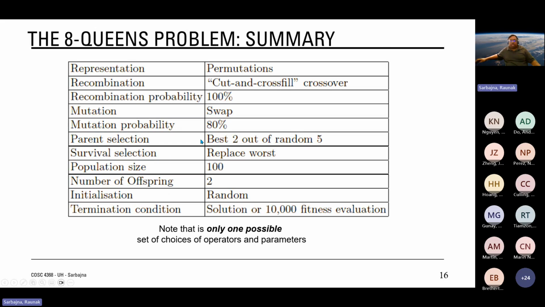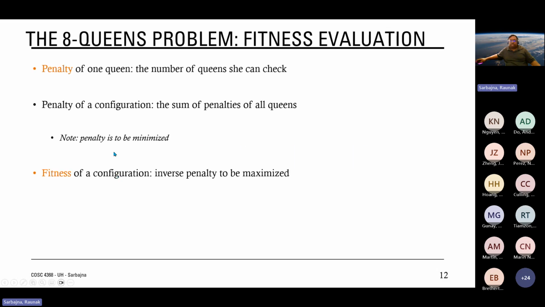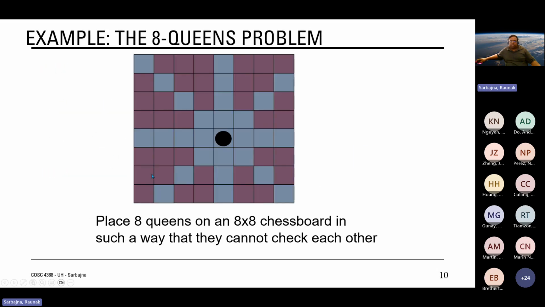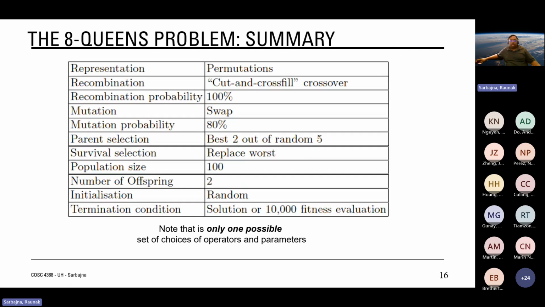So you do a swap, and the odds of a mutation happening, I picked as 80%. It is up to you what to pick. The parent selection is the best two out of random five. You pick five solutions at random out of all the possible solutions, and then you choose two who are really good to recombine and mutate.